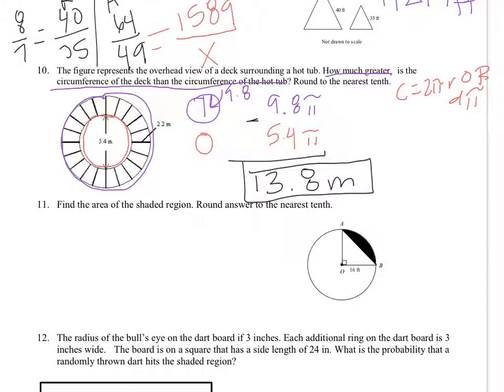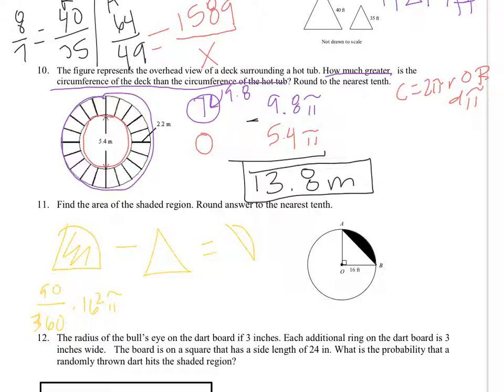Next. So my next question here, it says, there are the shaded region. Remember, we need to find the area of the sector, subtract the area of the triangle to give me the area of the segment. So area of my sector would be, I have 90 degrees over 360 times 16 squared pi.